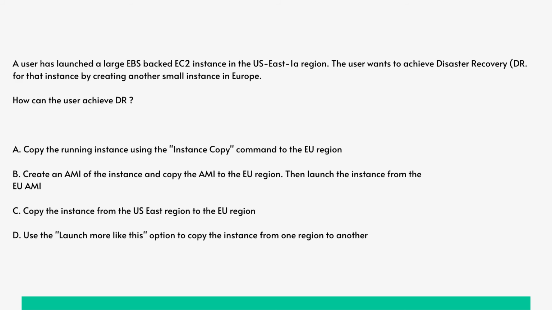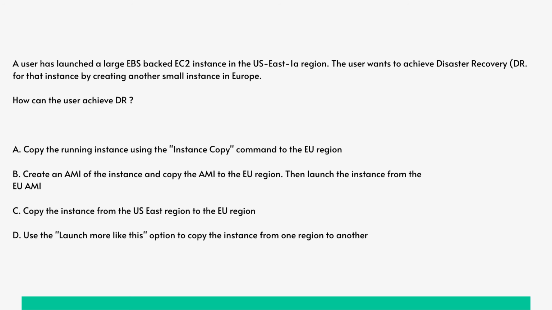Option A: copy the running instance using the instance copy command to the Europe region. Option B: create an AMI of the instance and copy the AMI to the Europe region.